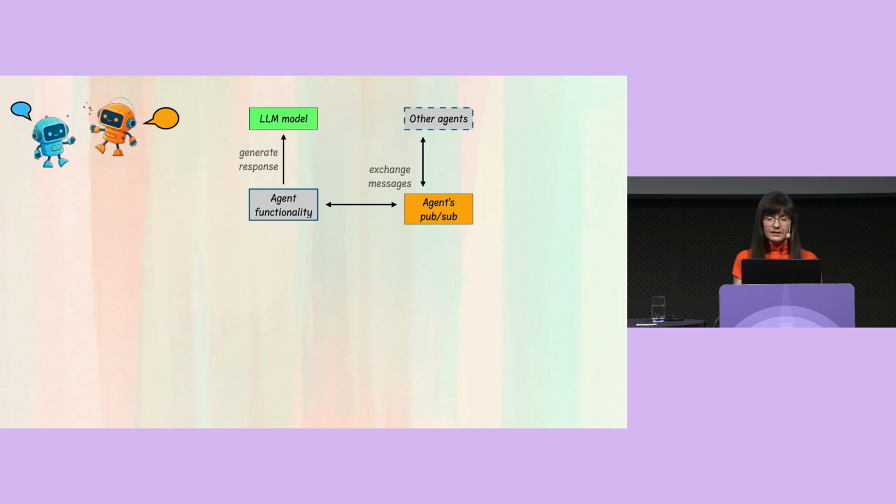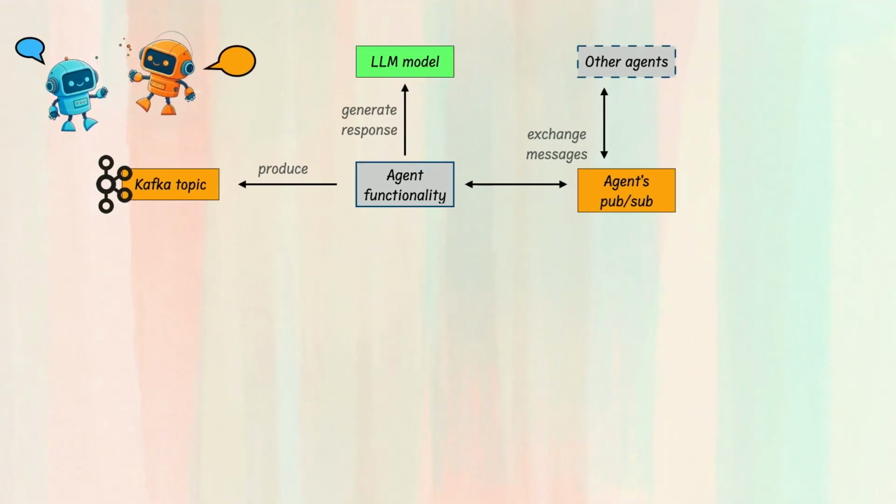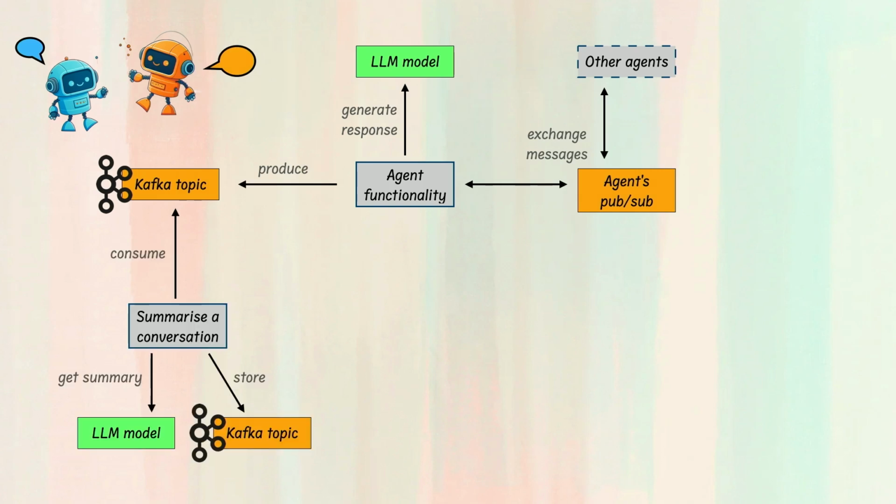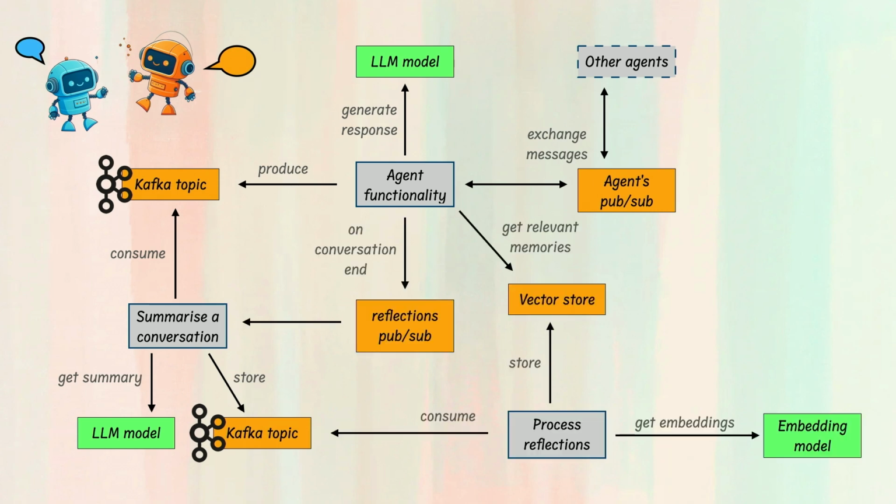I implemented that idea with PubSub, which helped those characters interact and exchange messages, using an LLM to generate those messages. Then the data went to Kafka, but at the end of the conversation, that data was summarized and stored in a vector search, so that we could use Retrieval-Augmented Generation to retrieve the most relevant memories for the next conversation.